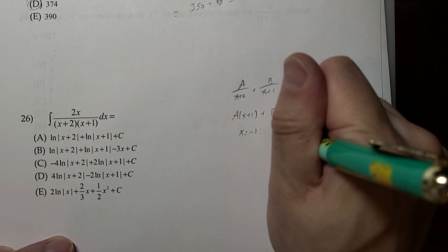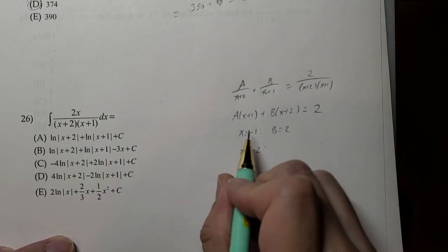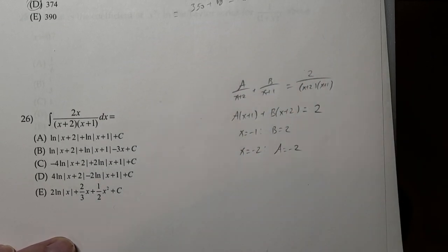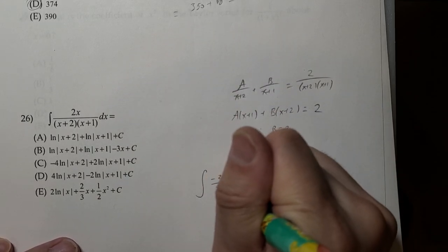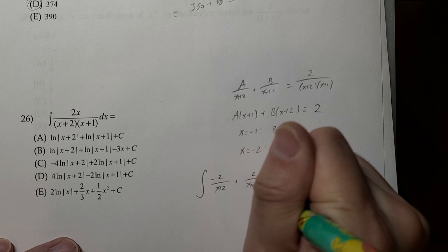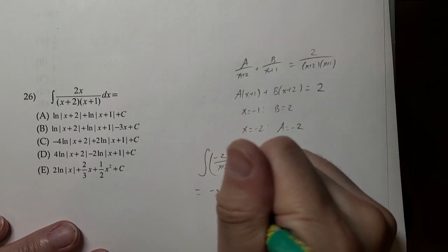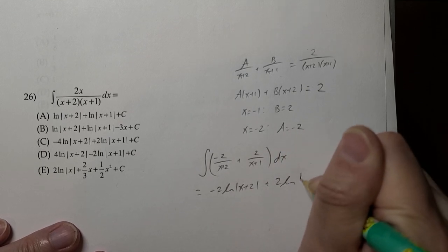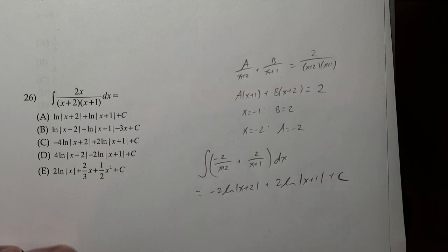Get B is 2. Plug in x is negative 2. We get, this will go away. Negative A is 2, so A is negative 2. So our integral becomes minus 2 over x plus 2 plus 2 over x plus 1 dx. So this is just minus 2 ln of x plus 2 plus 2 ln of x plus 1 plus C.